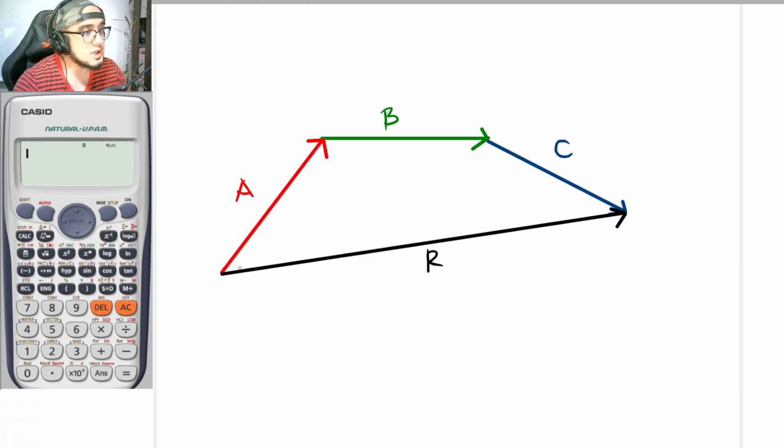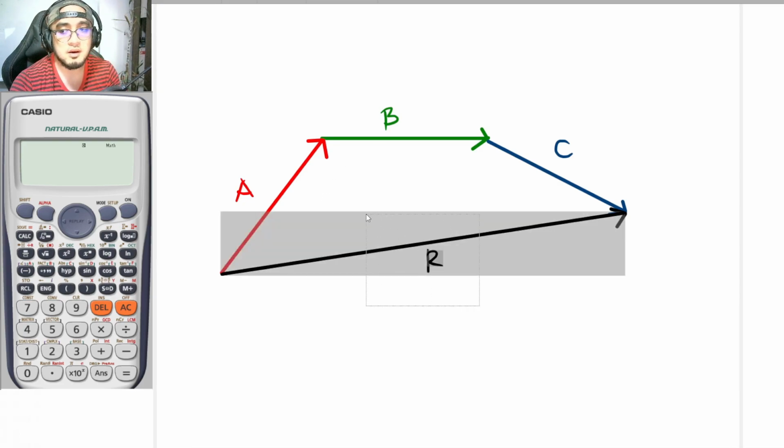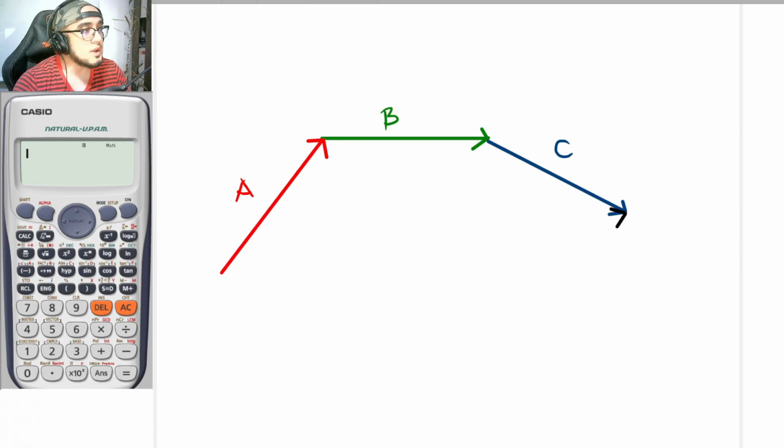For visualization purposes, I will just leave these components here or this figure here, but I will be erasing this first. What I will be doing is getting the components for every vector. So this is the vertical component of our vector A, and this is the horizontal component of vector A. Let's name it as Ax and Ay.